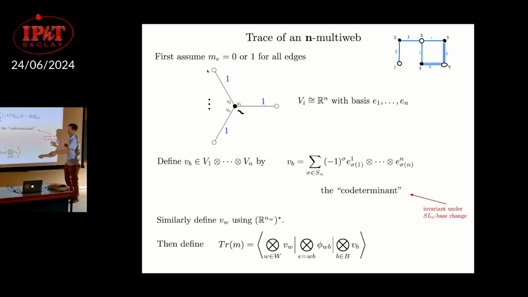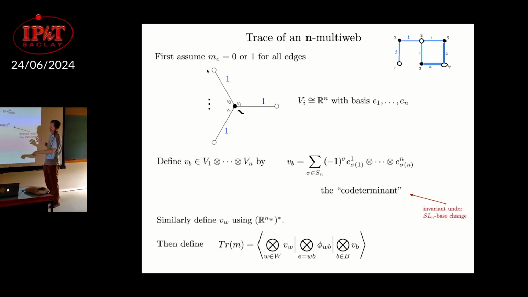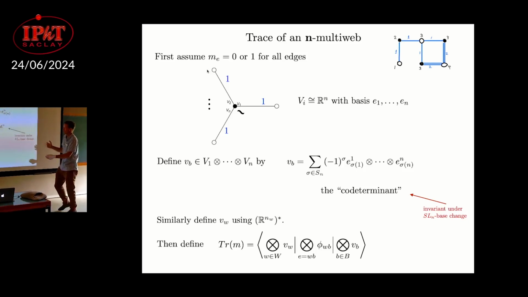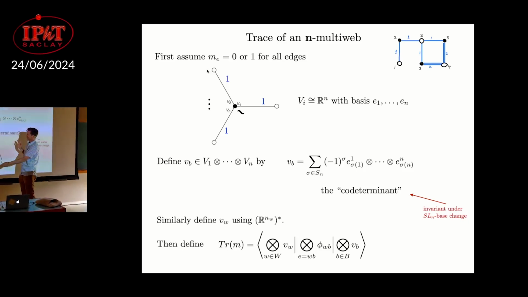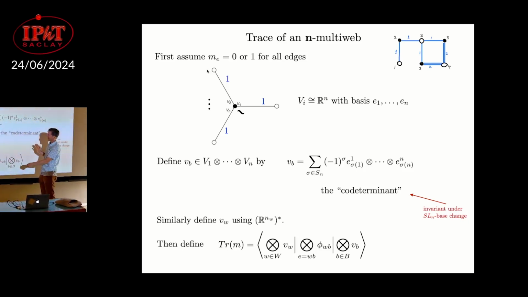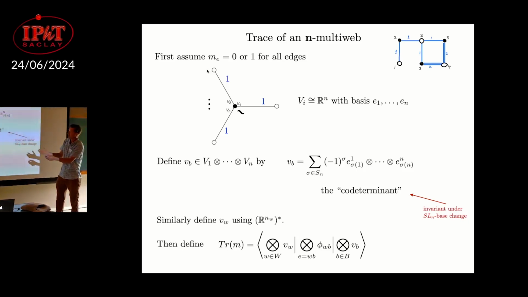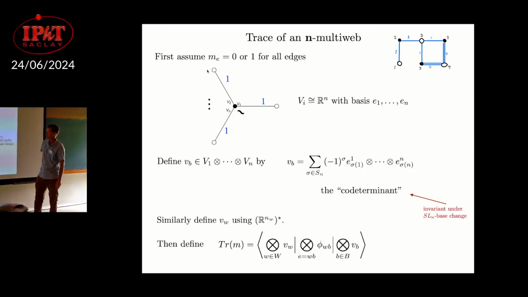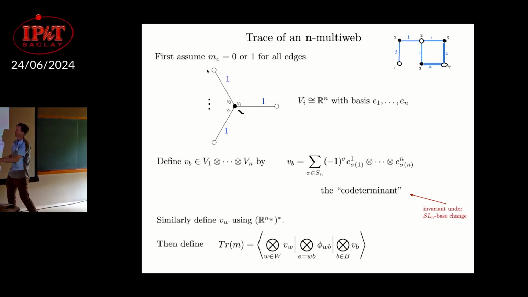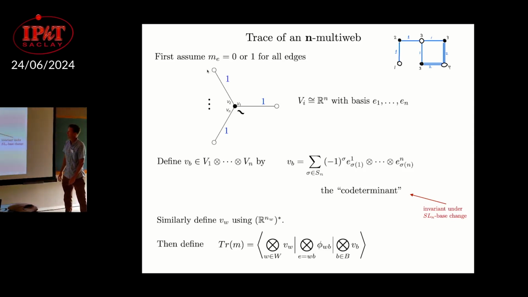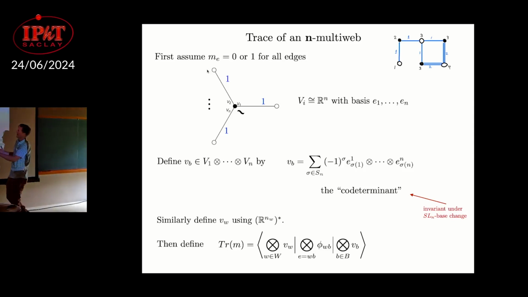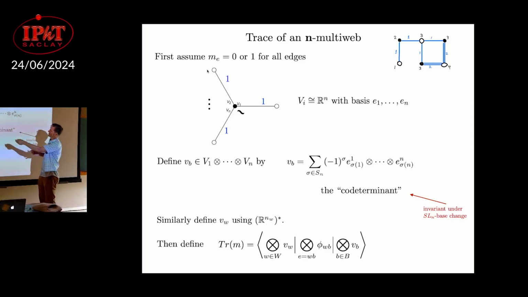There's a lot going on here, and it's a little hard to understand, but in any case, the trace of the final object is just a number, a scalar, which depends only on the matrices and of course the edges involved here.